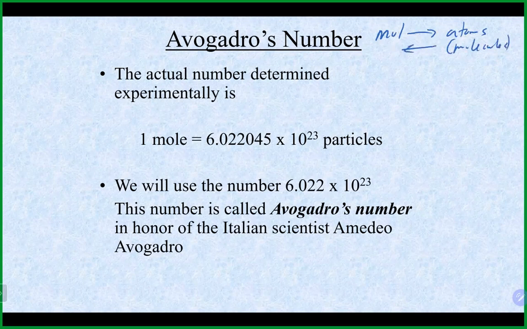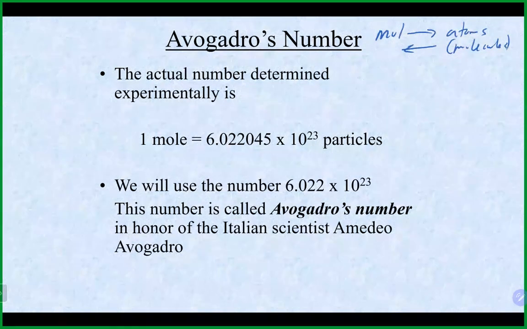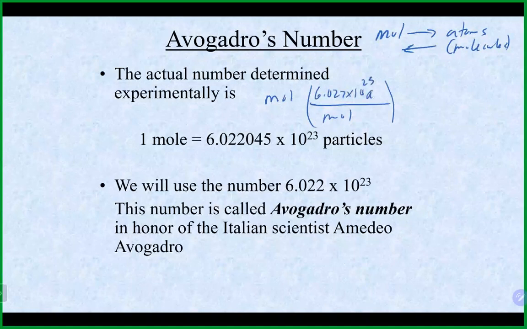Obviously, if you have moles, you would multiply by Avogadro's number, and that would give you atoms. And if you had atoms or molecules, you would divide by Avogadro's number.